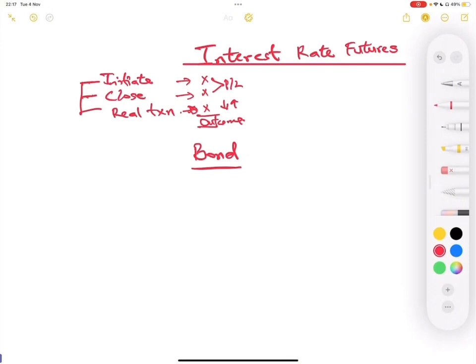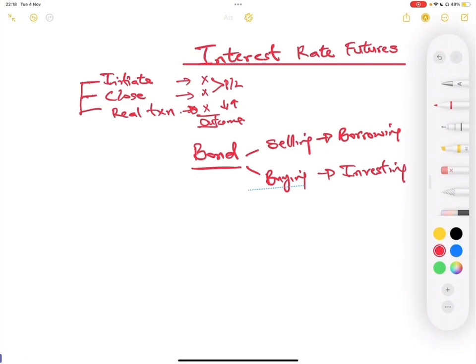If you look at a bond, when you are selling a bond, what are you doing? It means that you are borrowing. Whereas if you are buying a bond, it means that you are investing or you are lending. So this is like a deposit.